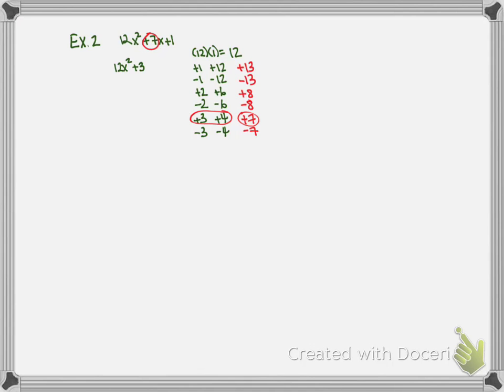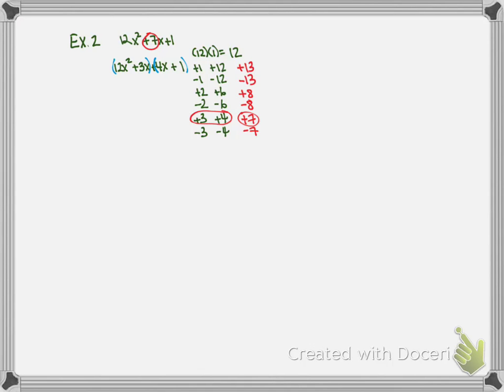So 12x squared. Then we're going to use the positive 3 and positive 4 to break up 7x, so plus 3x plus 4x. Remember, the plus 1, the last term, stays the same. Now we're going to break the 4 terms into 2 pairs, so 12x squared plus 3x, 4x plus 1.